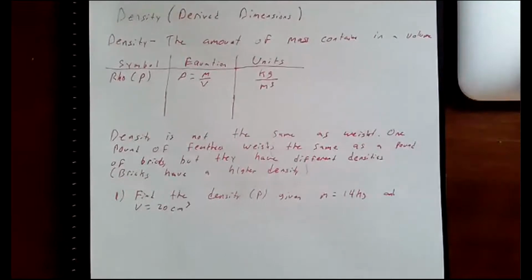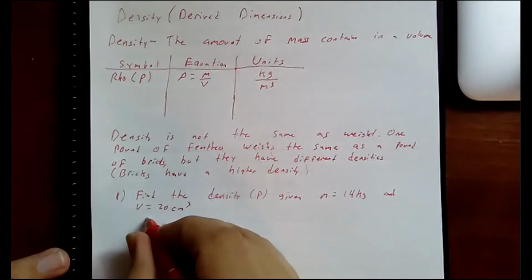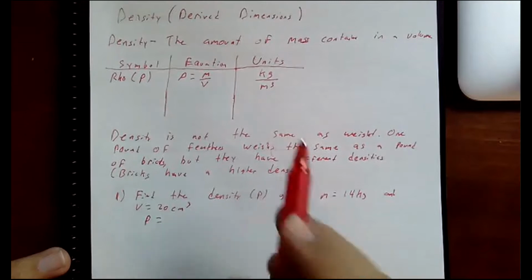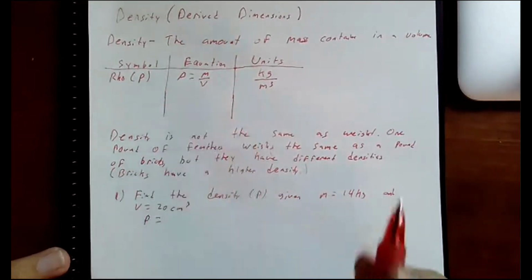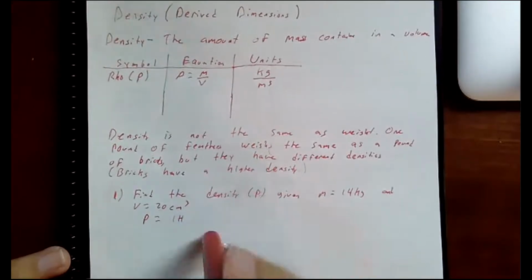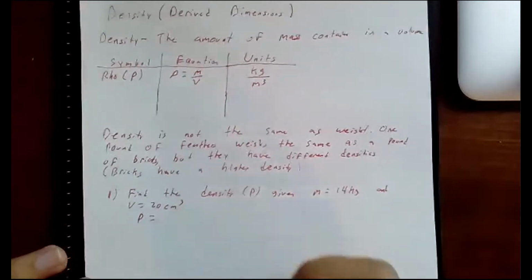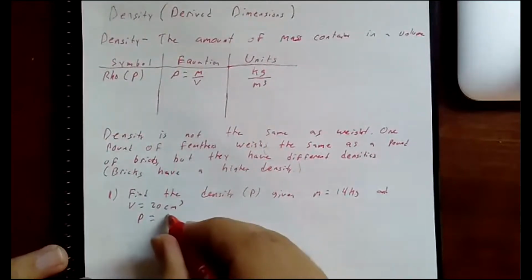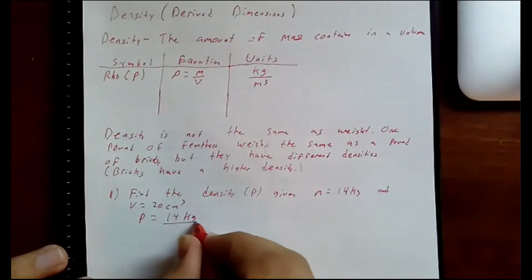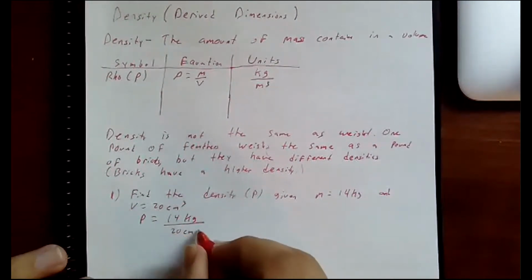And so you just use your formula. It's nothing crazy, right? So rho, density, will be mass divided by volume. So that's how you got to do it, really. So it'll be 14 kg divided by 20 centimeters cubed.